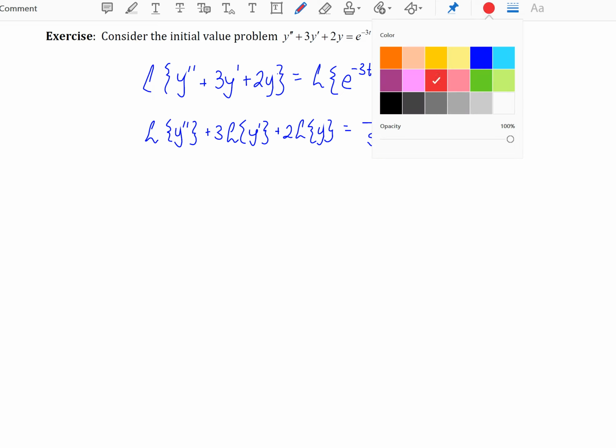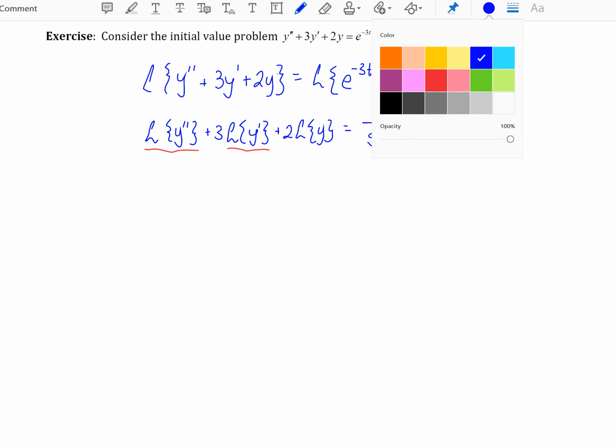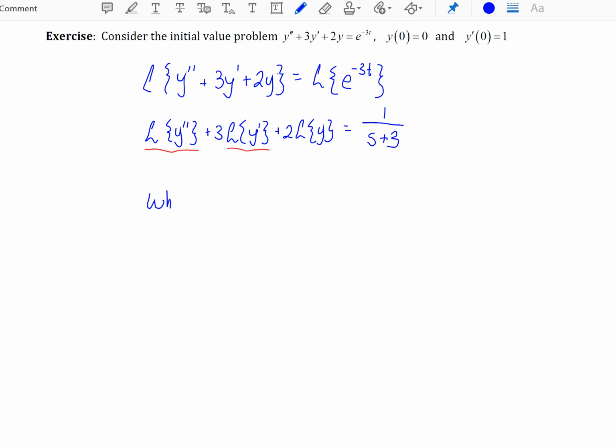Now let's use our definitions to replace the Laplace of y prime and the Laplace of y double prime. Here, the Laplace of y double prime was s squared times the Laplace of y minus s times y of 0 minus y prime of 0.